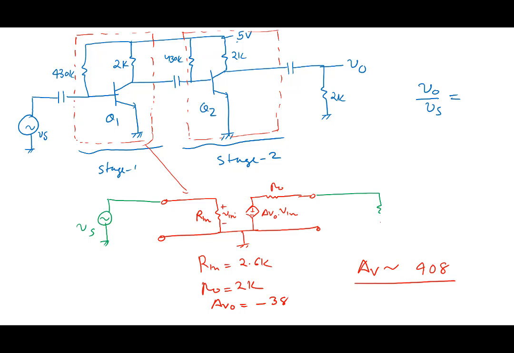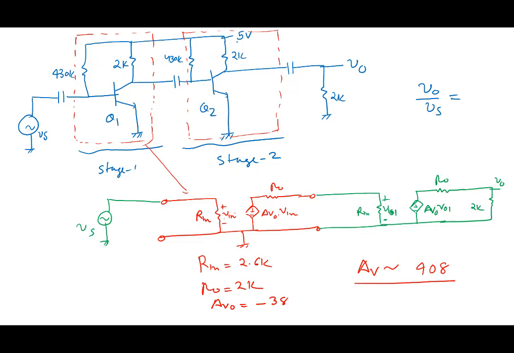Next stage is also Rn, and we'll put here plus minus AV0 times, let's call this V in 2, or the output stage, AV0 times V01. This is again R0, and then is finally connected to 2K, and you get V0 here. That's it. The whole thing becomes like this.